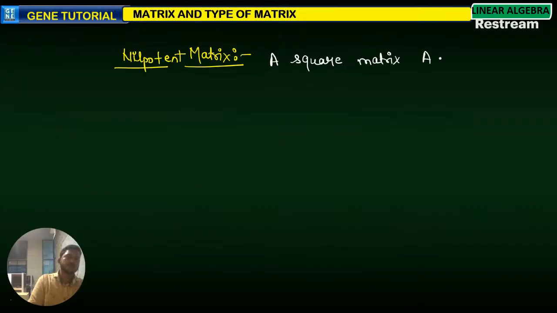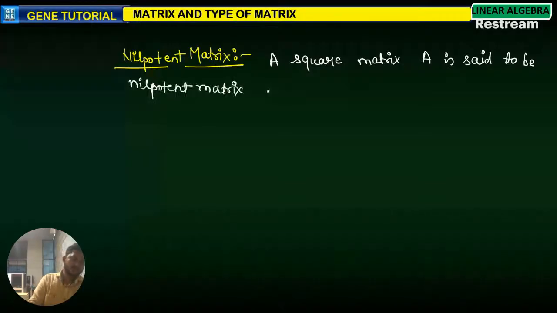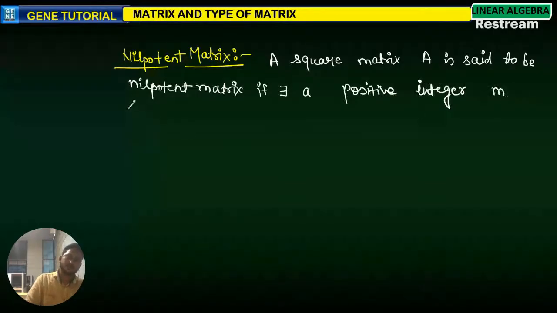A square matrix A is said to be a nilpotent matrix if there exists a positive integer m such that A to the power m equals 0.